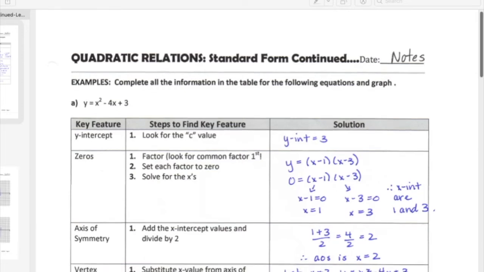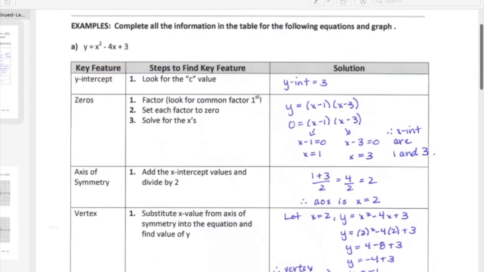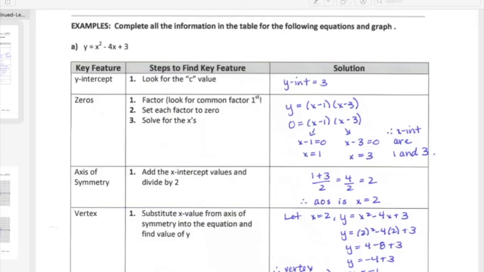So those two numbers are negative 1 and negative 3. So I write this in factored form. Remember, that was my first step, to factor it. My second step was to set it equal to 0. So I changed my y into a 0. And then my third step was to solve for each of the x's.